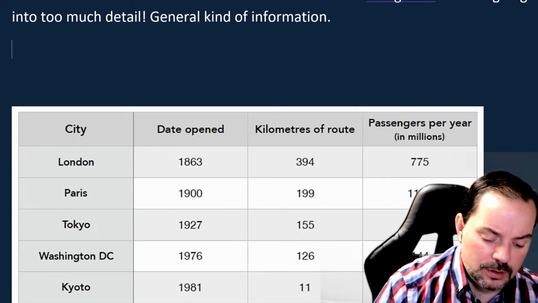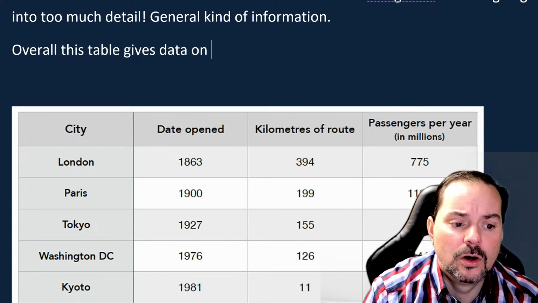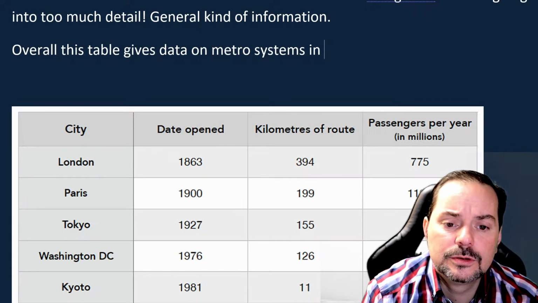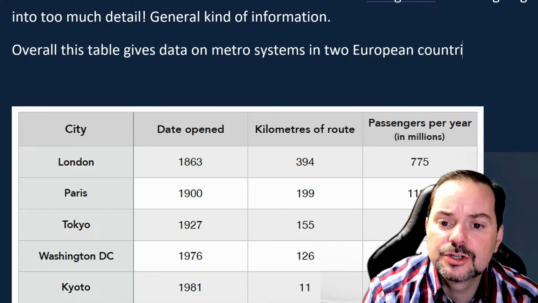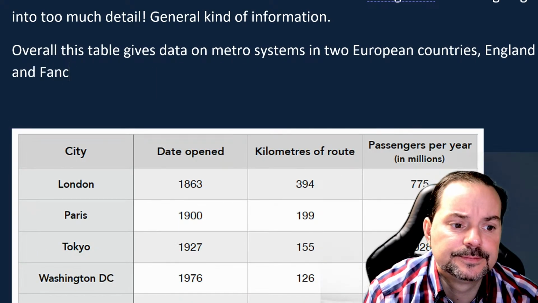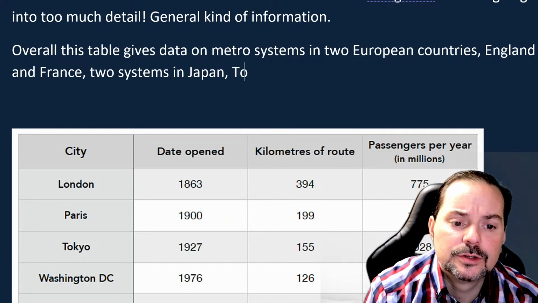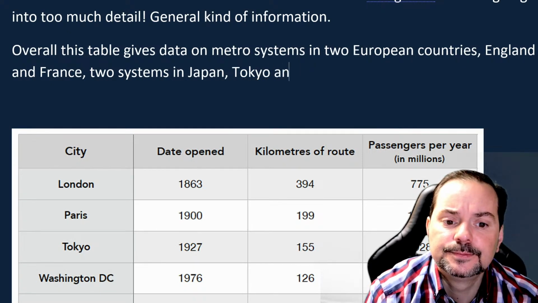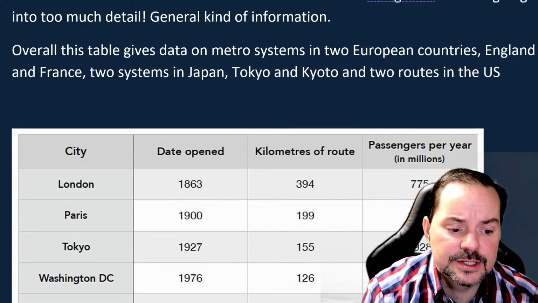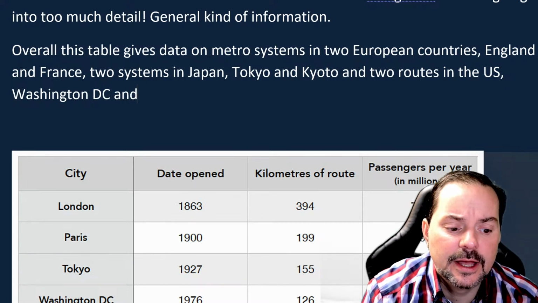Okay. So overall, this table gives data on metro systems in 2 European countries, England and France, 2 systems in Japan, Tokyo and Kyoto, and 2 routes in the US, Washington, DC, and Los Angeles.